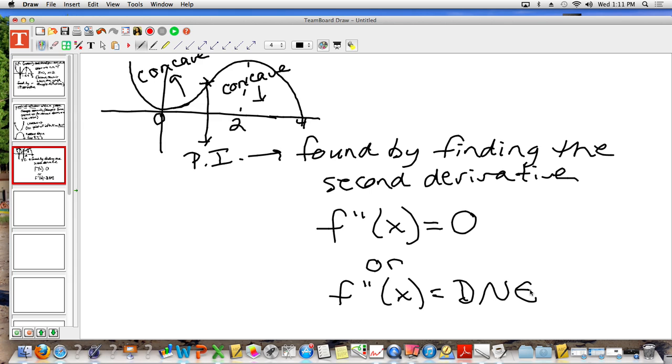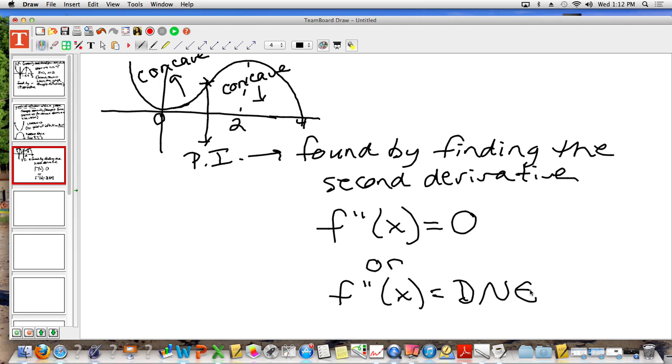In other words, you have divide by 0, square root of a negative, all those issues that we've talked about over and over and over again. So if you end up with a situation where you can figure out that the second derivative is equal to 0, any of those x values are called points of inflection. Same thing happens if the second derivative does not exist.